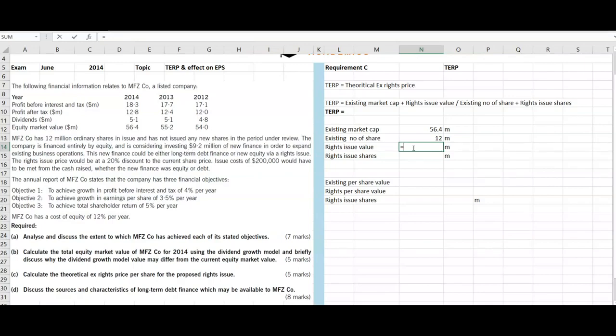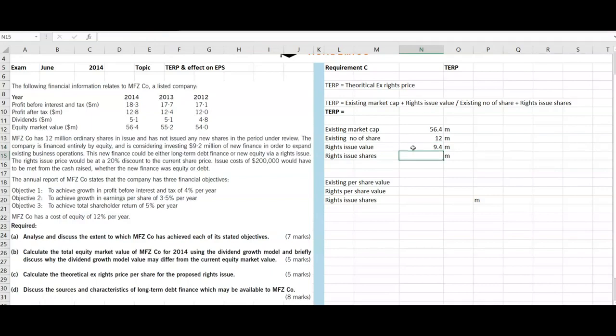So the company has to raise 9.2 million plus 2 lakhs. We have to convert this 2 lakhs into millions. That gives us 9.4 million to be raised.